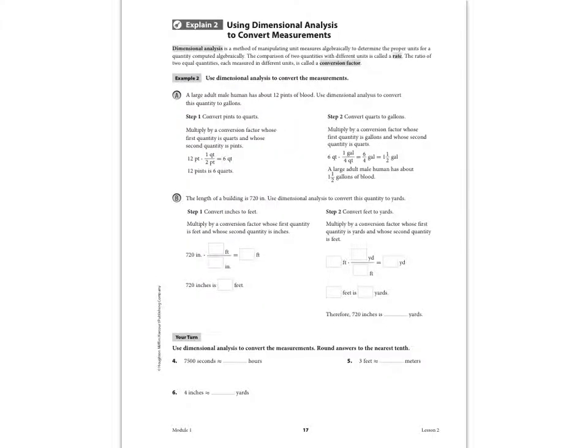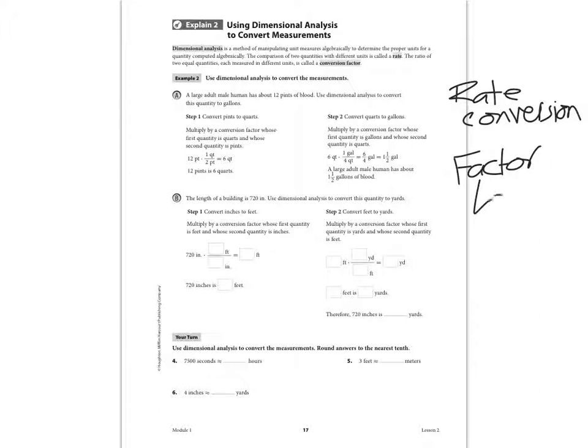Let's continue on. There's this other thing called dimensional analysis. What a lot of people refer to it as is rate conversions. In chemistry, it's referred to as factor labeling.